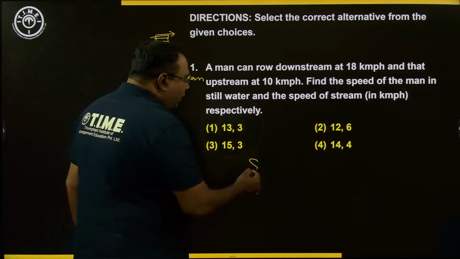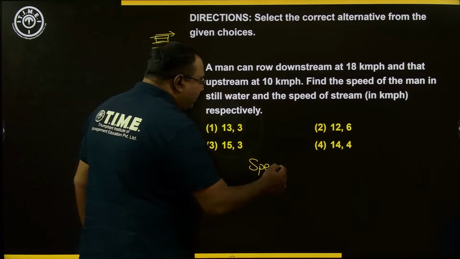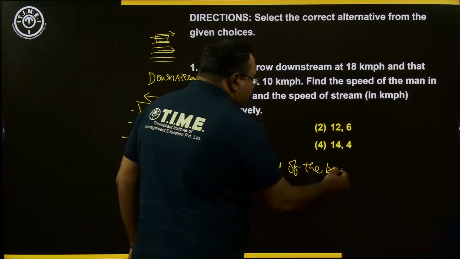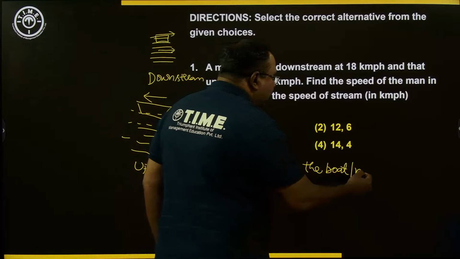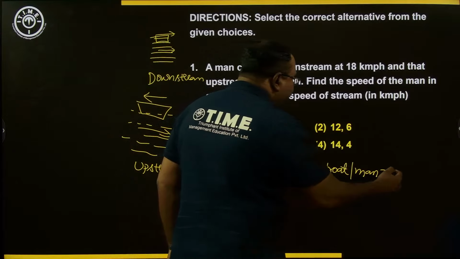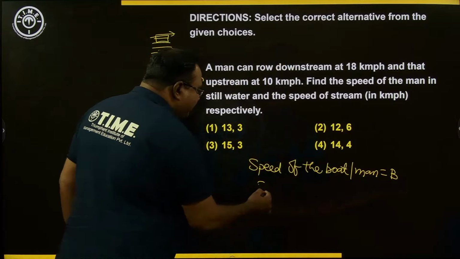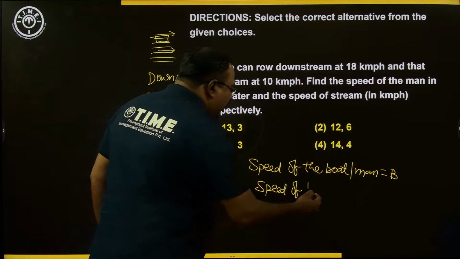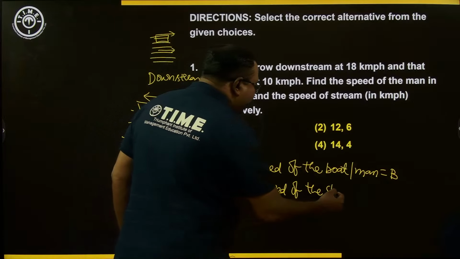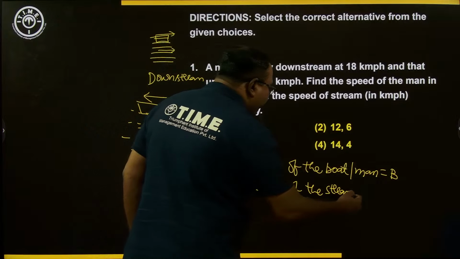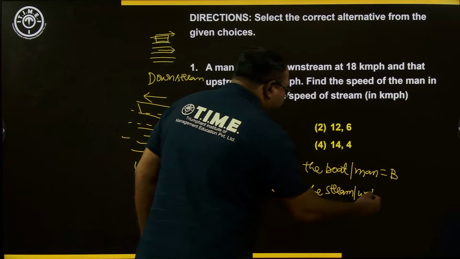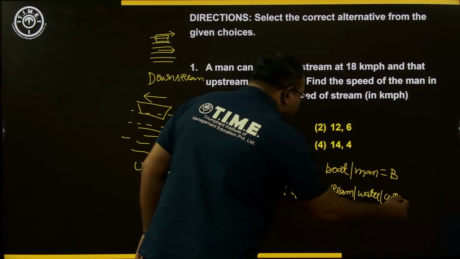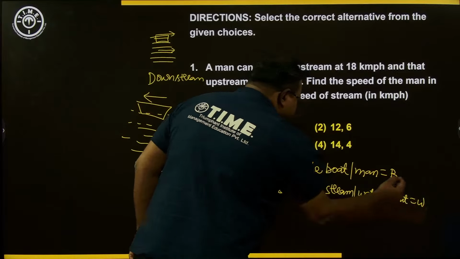Now, for all our discussions, we take speed of the boat or man as B, speed of the stream or water or current, whatever it might be, we take it as W. What is my upstream speed?